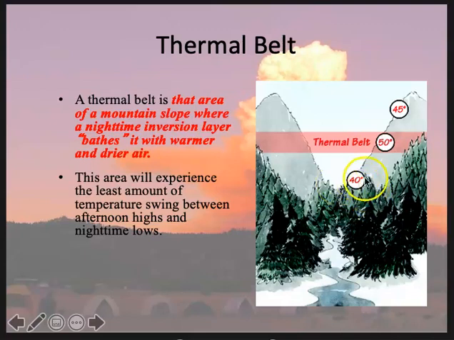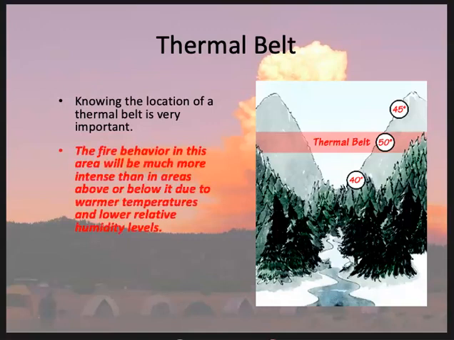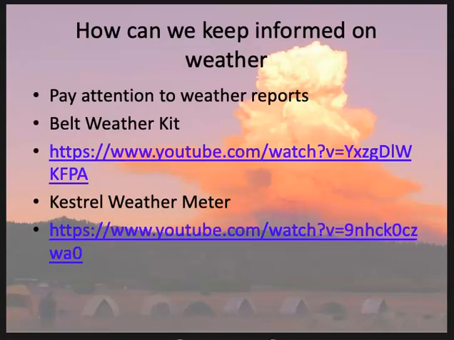So unusual, instead of going down in temperature as you go higher, it goes up and then down. So that's a thermal belt. Knowing the location of thermal belts is important when you're fighting fire in the high country. Winds in thermal belts are usually light and steady.